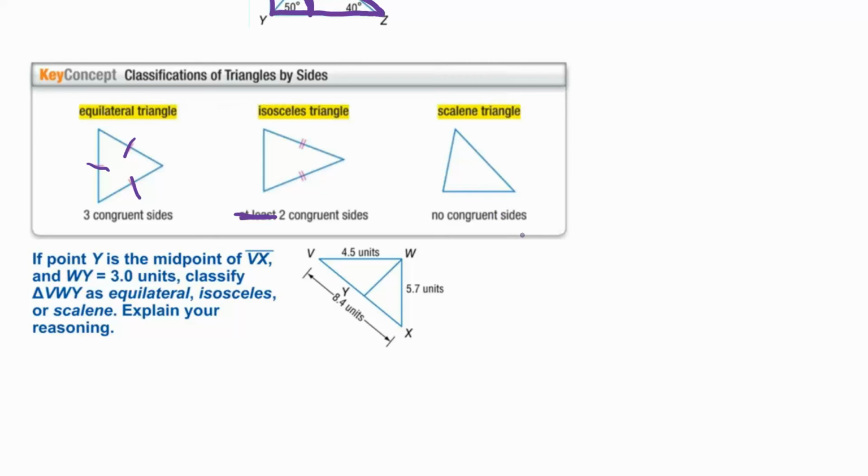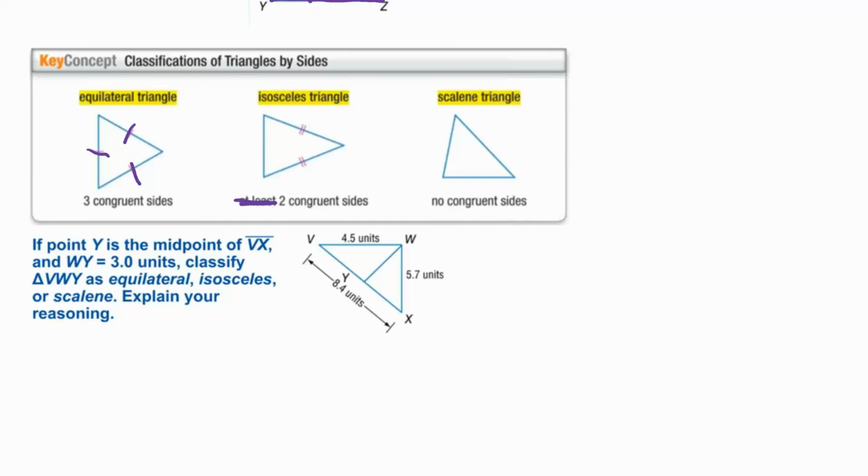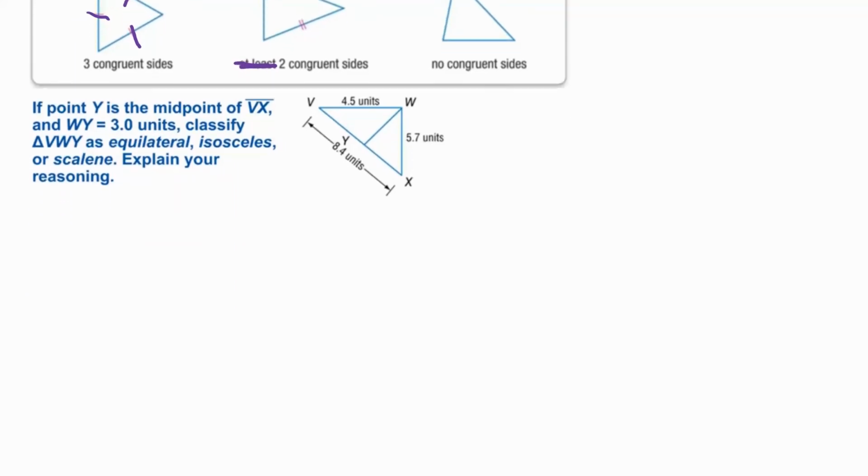Looking at the next problem, it says if point Y is the midpoint of VX, so we know that VY is congruent to YX, and WY is 3 units, so this is 3. We're to classify triangle VWY as equilateral, isosceles, or scalene.